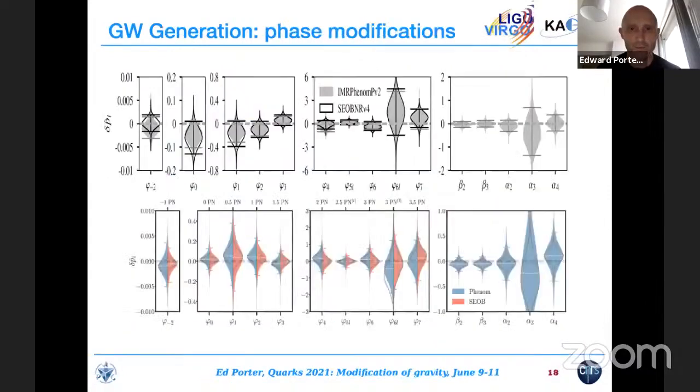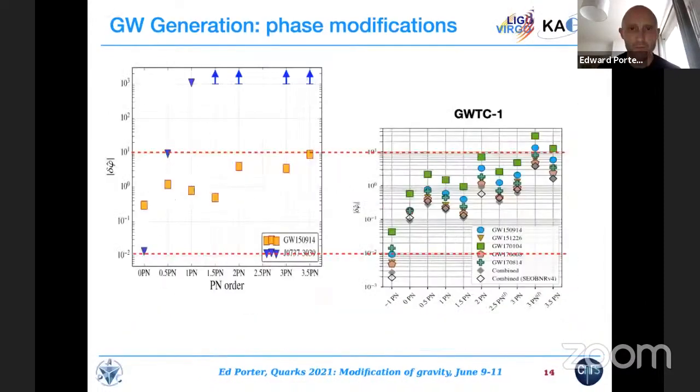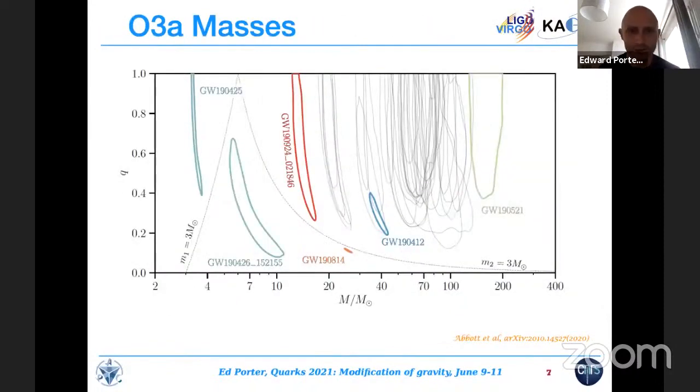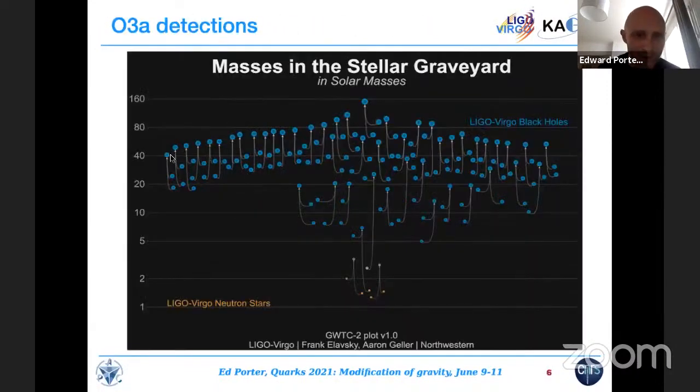Let me go back to here. It's a little bit difficult to follow. Here is the evolution of the formed black holes, but we are seeing black holes in the 20 to 40 solar mass range, and some of those are strong enough that we can actually use them for tests of general relativity.